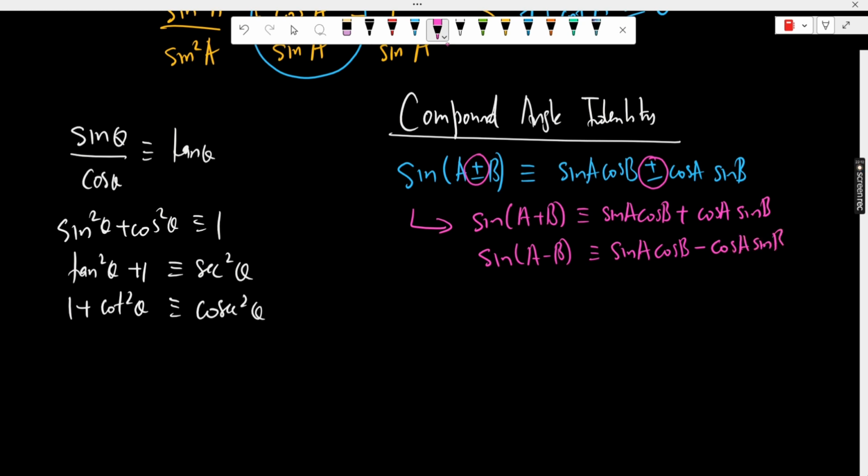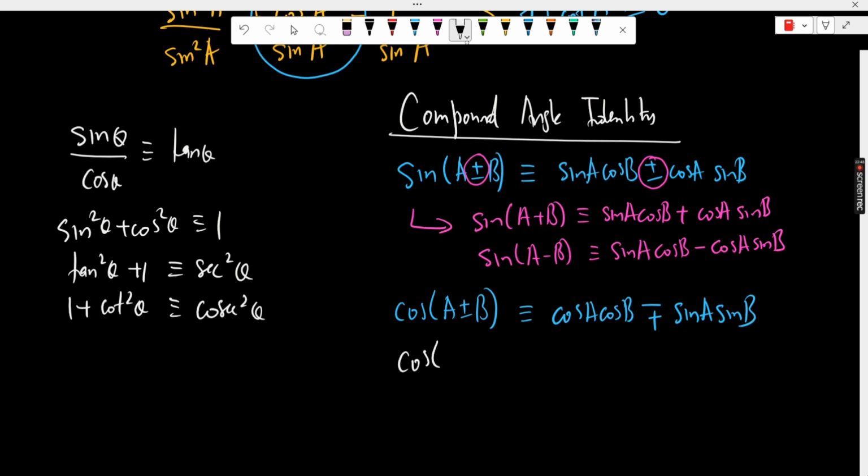The next one is where you have cos. So you have cos of A plus or minus B is equivalent to cos A cos B, and this is minus or plus sine A sine B. Again, the signs at the top go together. So the plus sign on the left-hand side goes to the minus sign on the right and vice versa.